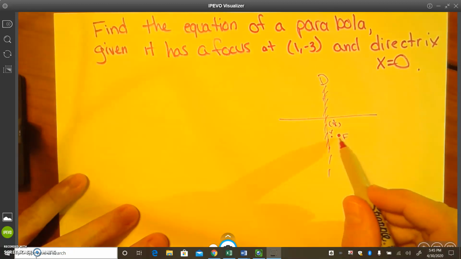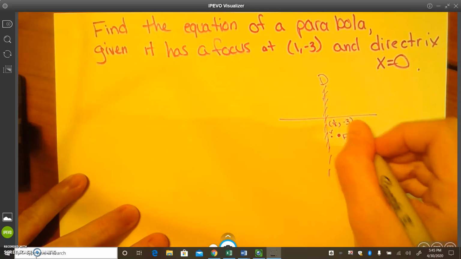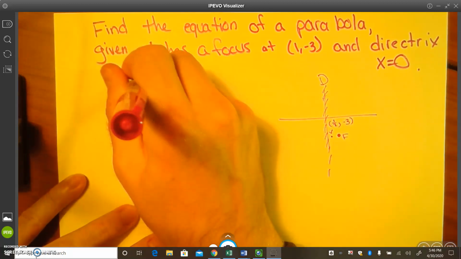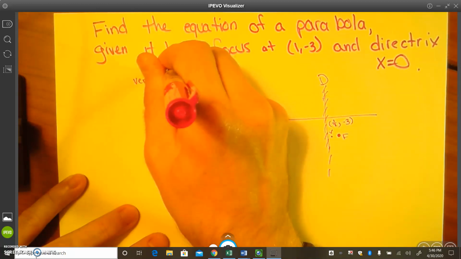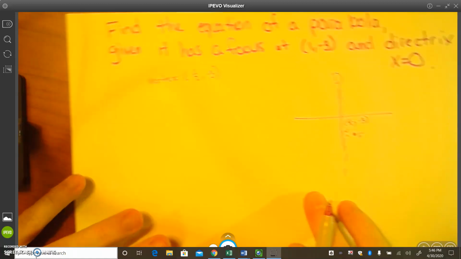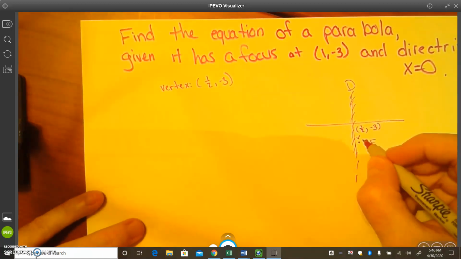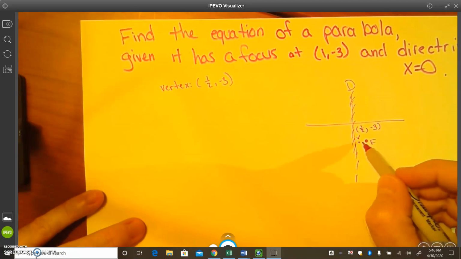And then because I'm moving horizontally to get from one to the other, I'm not going to really change my y coordinate. So that's still going to be -3. So right away, my vertex is 1/2, -3.